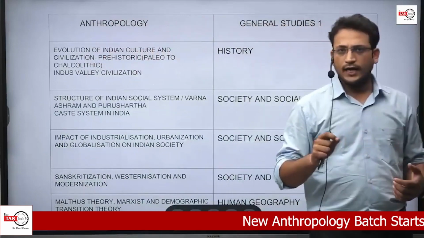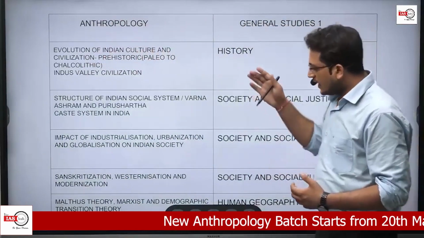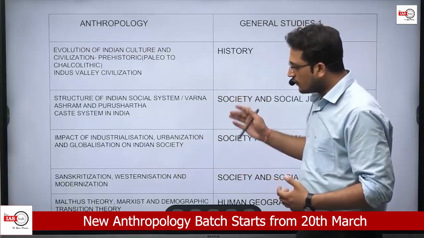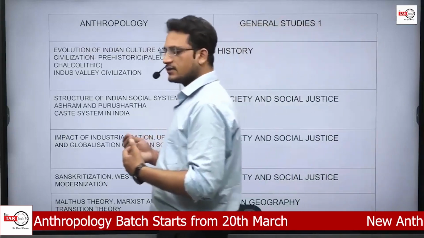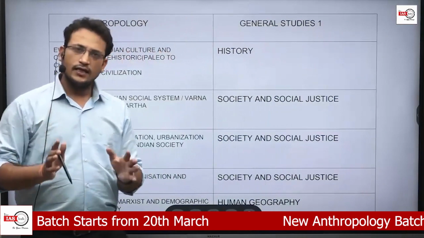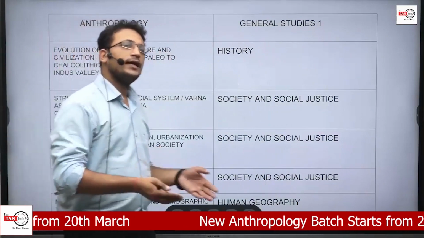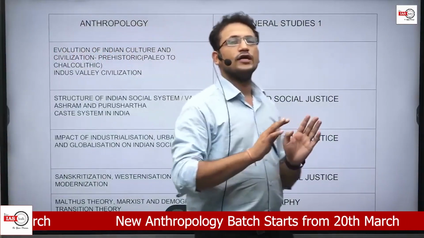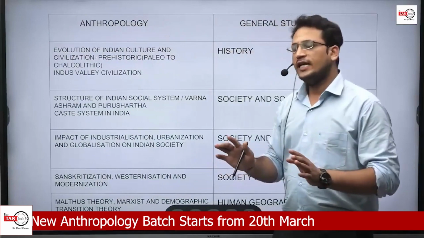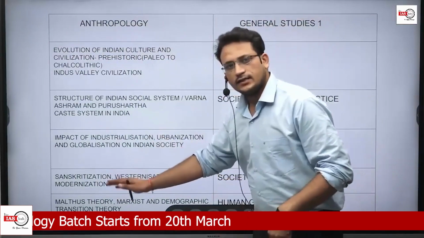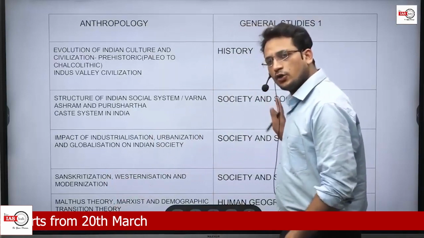Human geography has certain theories such as the Malthus theory, demographic transition theory and Marxist theory. These three theories will be covered here in anthropology in thorough detail. So you need not go through these theories in GS paper 1 human geography.